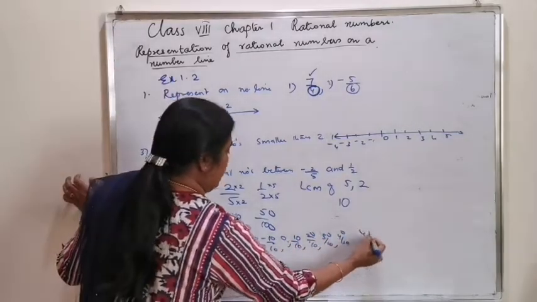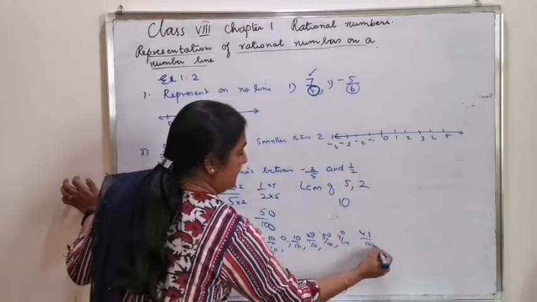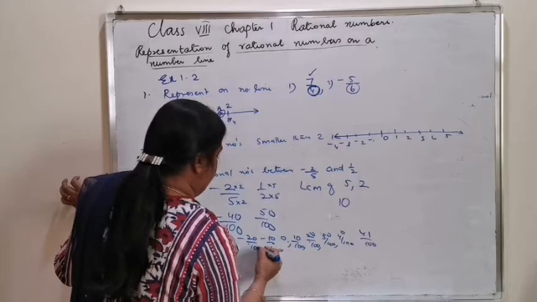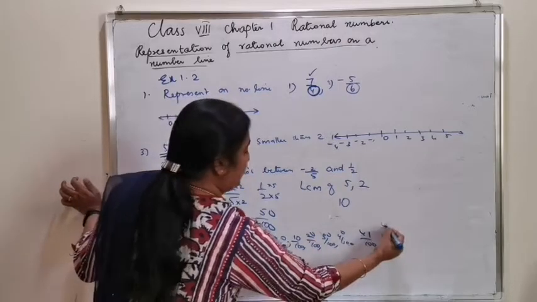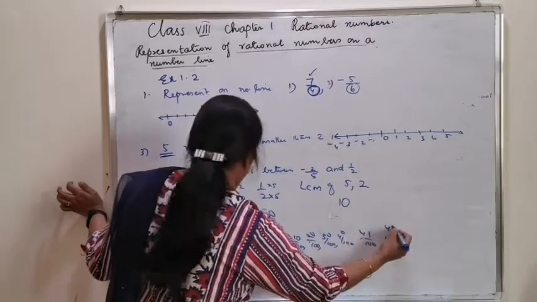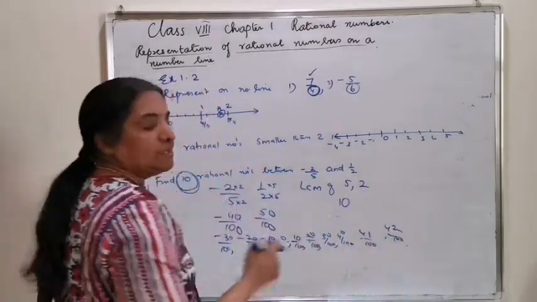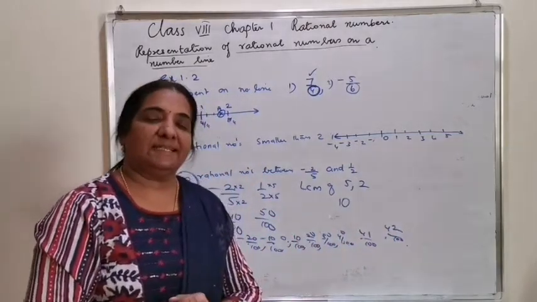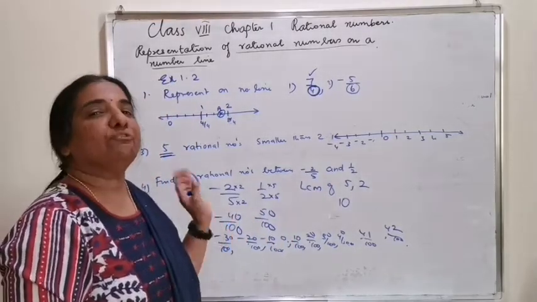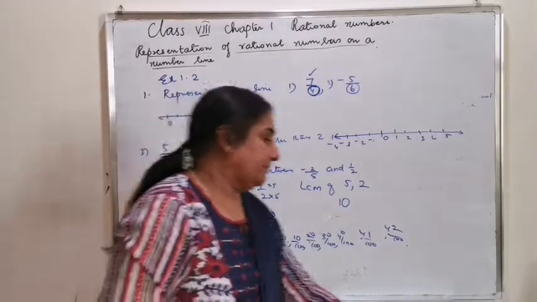Now, you can write it as 41 by 100, making the denominator 100. You can write as many numbers, 1, 2, 3, 4, 5, 6, 7, 8, 9, 42 by 100. So, this is a method of adjusting the denominator in case you are getting fewer rational numbers.